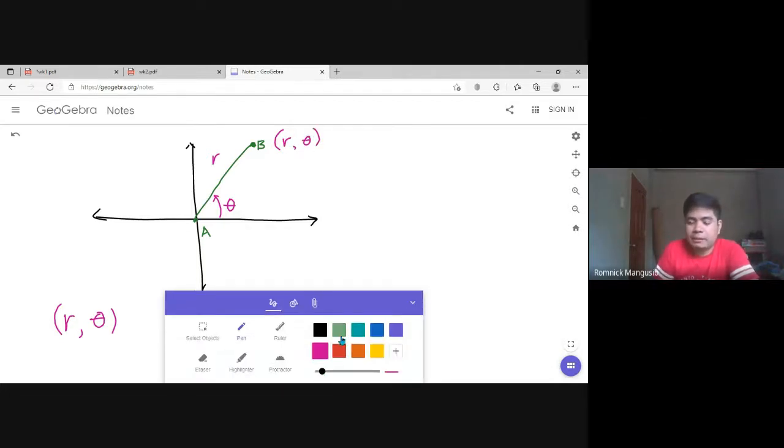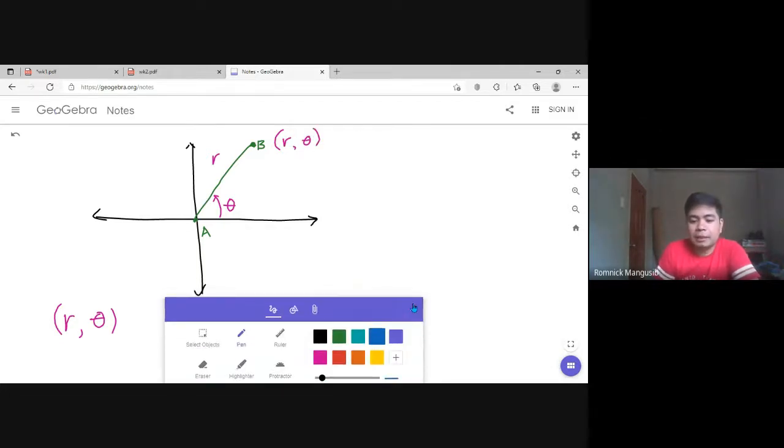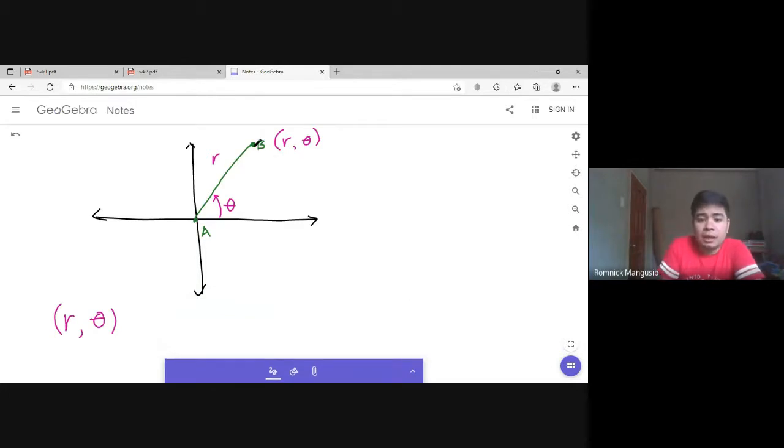Ngayon, paano papasok ang idea naman ng rectangular coordinates? If we draw an imaginary vertical segment here, and this is 90 degrees, since vertical, ito ay nagre-represent sa y. That represents the y, the length of y.